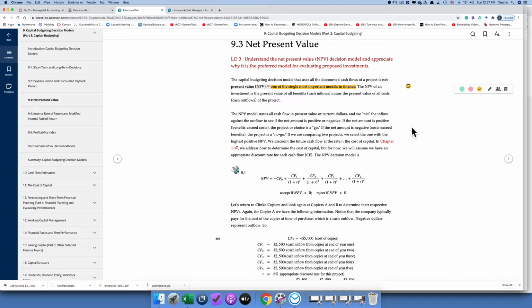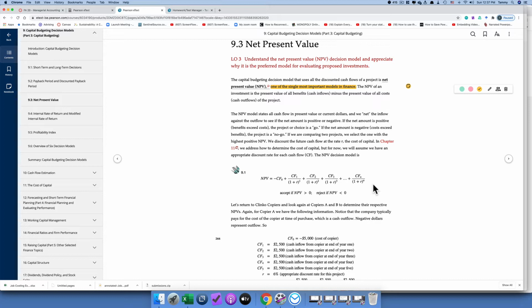So net present value is incredibly important, and this mathematical formulation here, all this says is that the net present value of a project is equal to your negative initial cash flow plus the sum, right? That's what all these are, plus, plus, plus, plus, plus, the sum of all the discounted cash flows associated with that project.